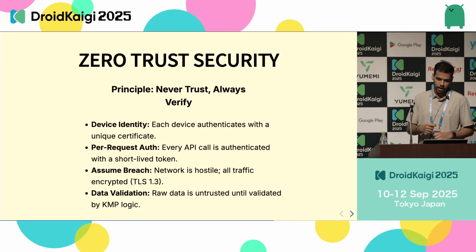Next is assume breach. The internal factory network is quite hostile, so you have to monitor all of the data incoming and outgoing. Finally, we have data validation. We have to make sure that whatever data our RFID tag is reading is valid and trusted, and if we think it's okay, then we send it to our Kotlin Multiplatform code.